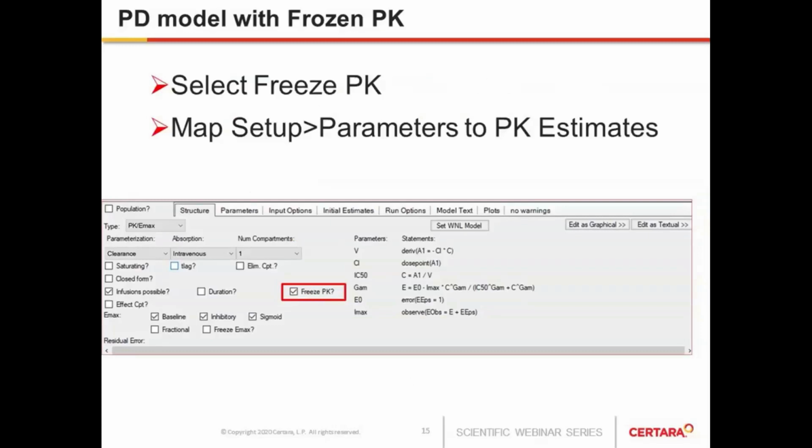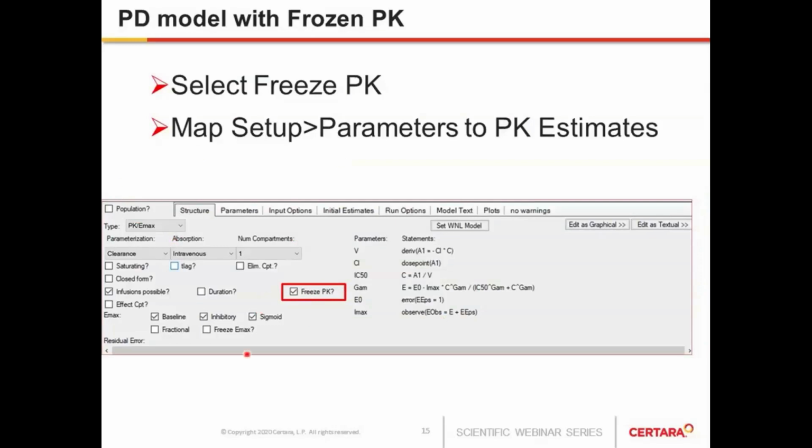The next step is using the same model and freezing the PK by selecting the freeze PK option. I'll be using a PK Emax model, mapping the parameters to PK estimates, and then freezing the PK and running the Emax model.